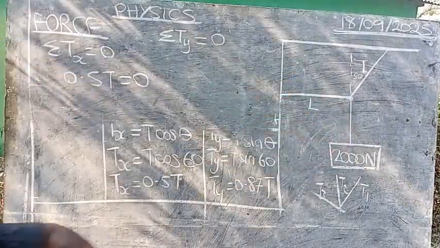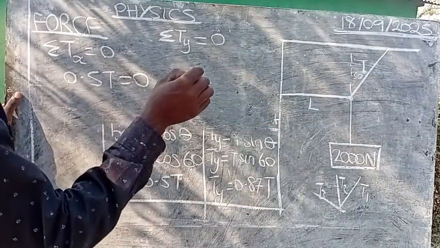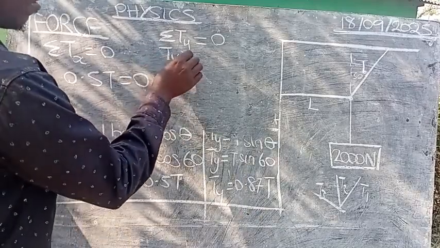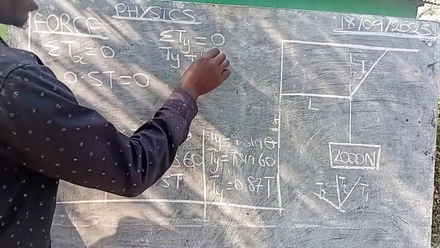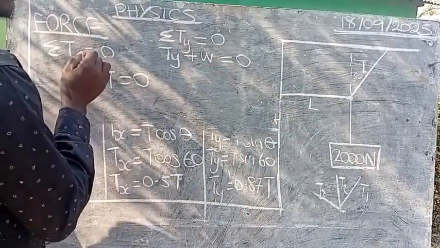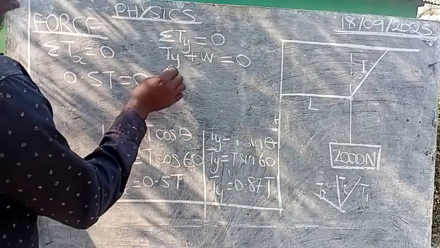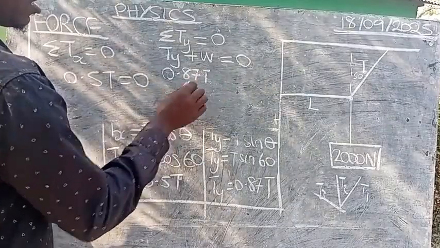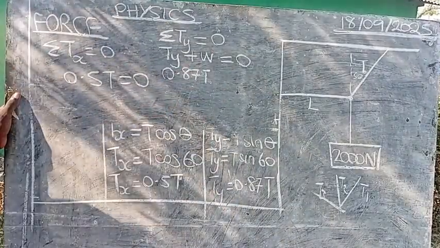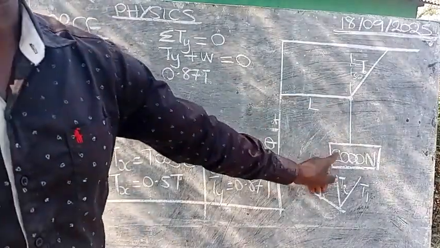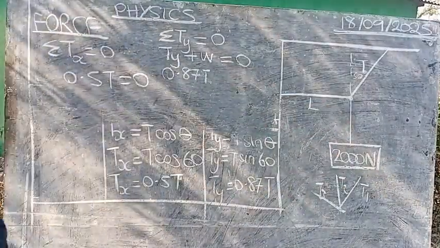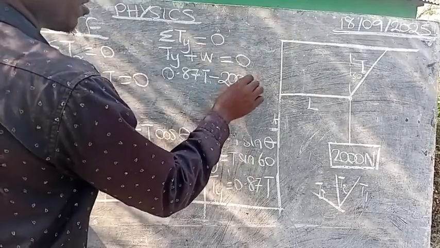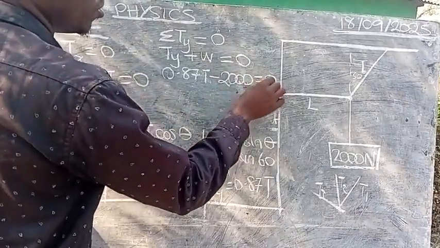So 0.87T plus weight equals 0. The weight in the downward direction is a vector quantity, so it should have a negative sign, which is going to be negative 2,000 equal to 0. Clear?